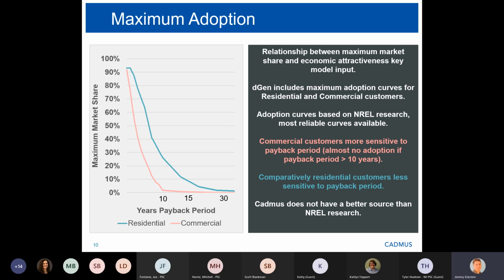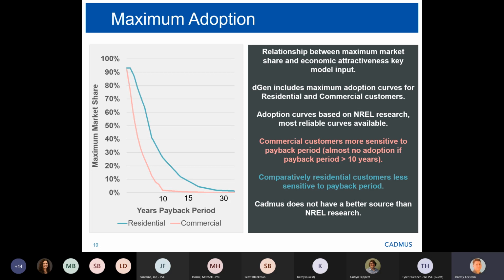And so these are two input curves that come with the model. We actually don't have a better source for these curves, but like I said, they show the sensitivity to costs for the residential and commercial sectors, and what these show is a much greater sensitivity to cost in the commercial sector versus the residential sector.